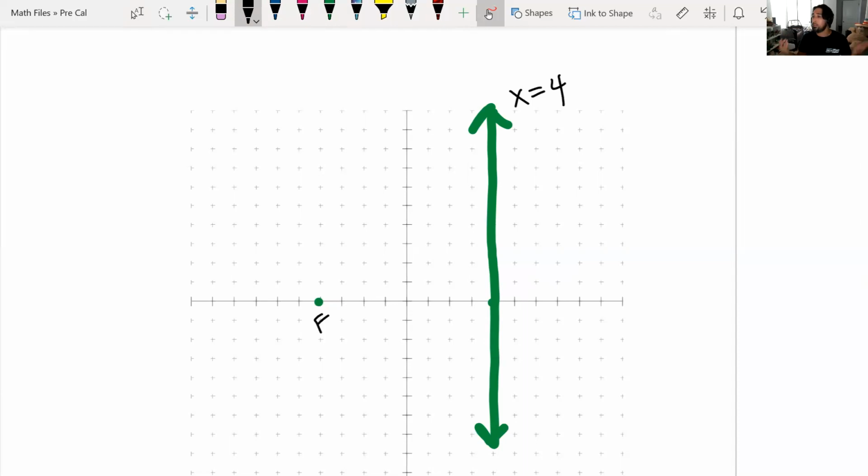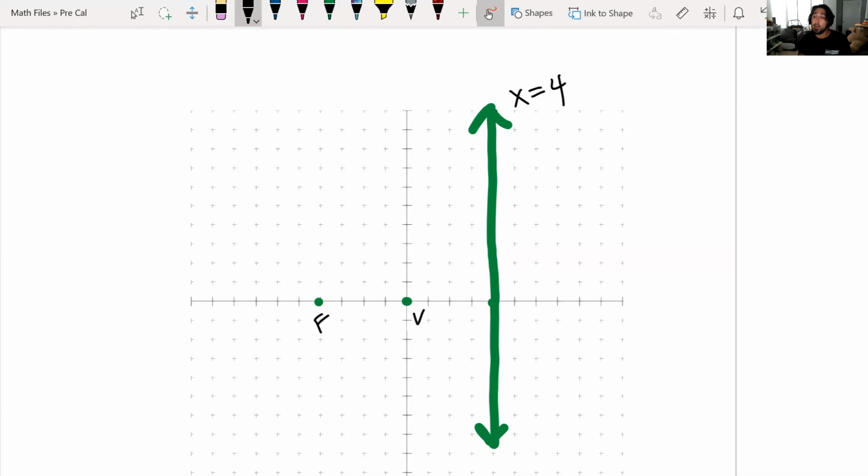Okay, well, how do we find the vertex? Remember that the distance from the focus to the vertex is the same as the distance from the vertex to the directrix. So that means that the vertex has to lie exactly in the middle of them both, right? Which means that has to be at 0, 0. So that should be our vertex.